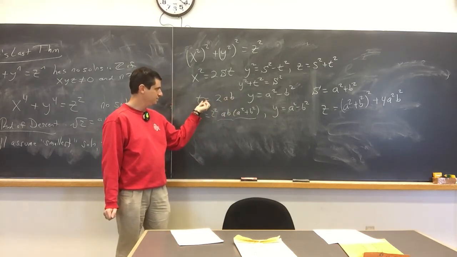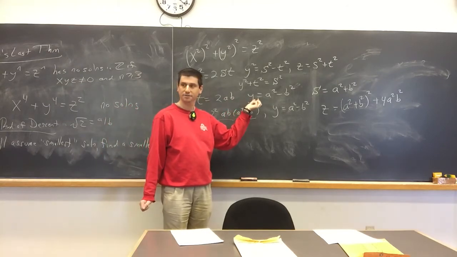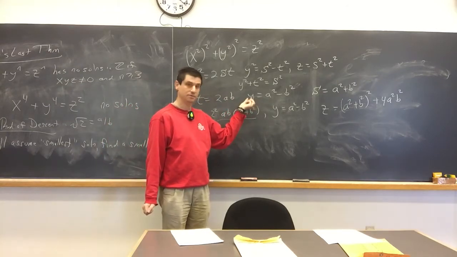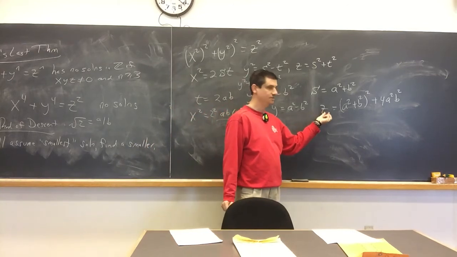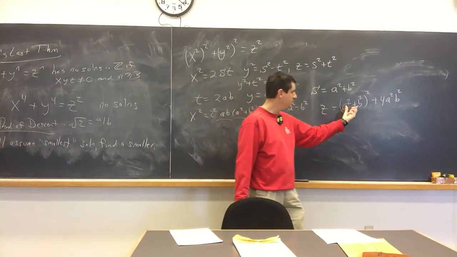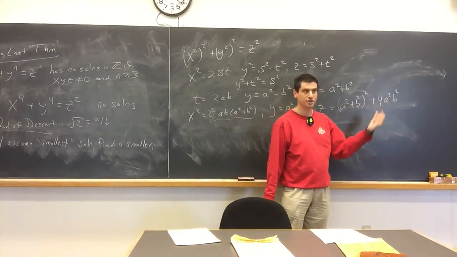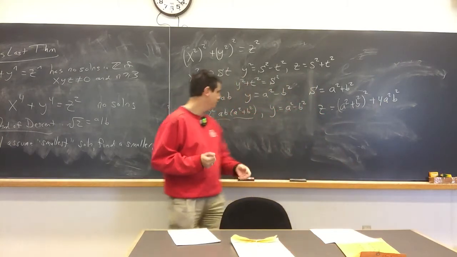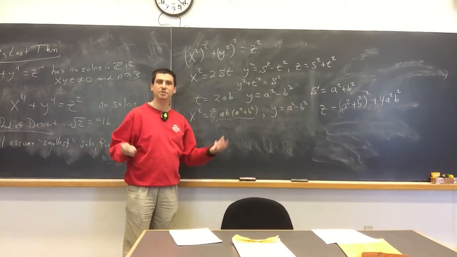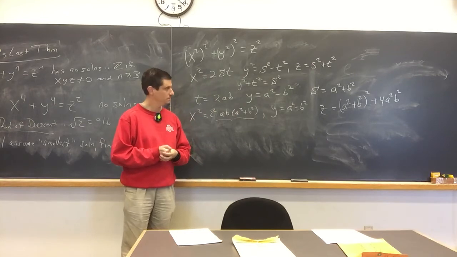Then it divides x. Does it divide y? Yeah. Does it divide z? Yeah, if something divides both a and b, it divides the squares and it divides this. So if something divides a and b, it's going to divide x, y, and z. That means our solution is not minimal.